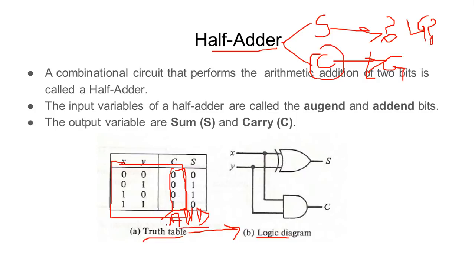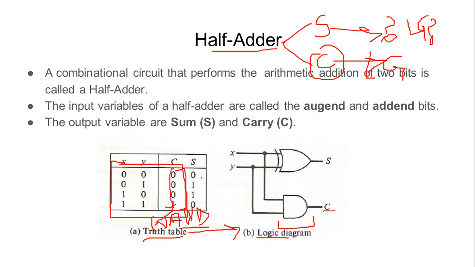AND is nothing but the multiplication of two numbers, right? So 0 multiplied with 0 is 0, 0 multiplied with 1 is 0, 1 multiplied with 0 is 0, and 1 multiplied with 1 is equal to 1. So when I do the AND of x and y, I will be able to get a carry as an output.